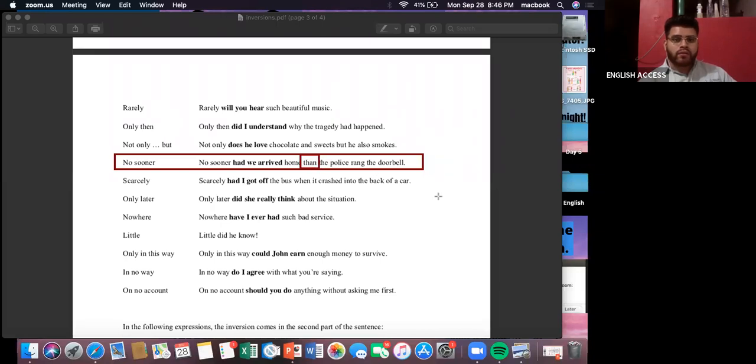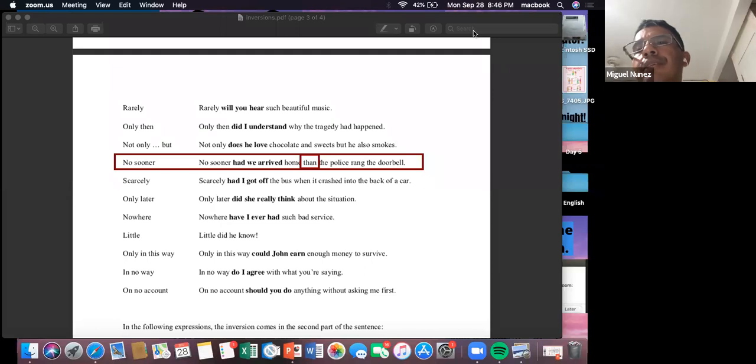No sooner, than. When you are separated, because there are two events happening here. The police rang the doorbell. They arrived home. In the middle of both of events or both actions, you put than. Very, very weird, but that's how you use it. That should be the meaning of when, right? Yeah, exactly.